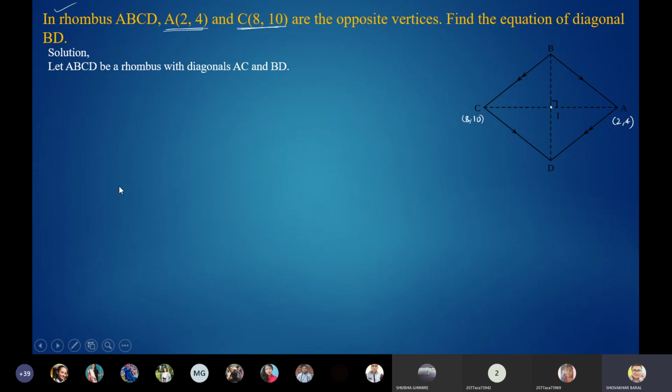Please write it along with me. Coordinates of A and C are already given here, so I am writing it. Coordinates of A and C are (2, 4) and (8, 10) respectively.